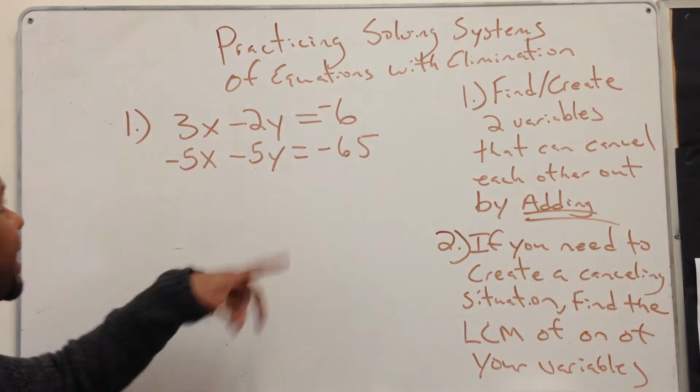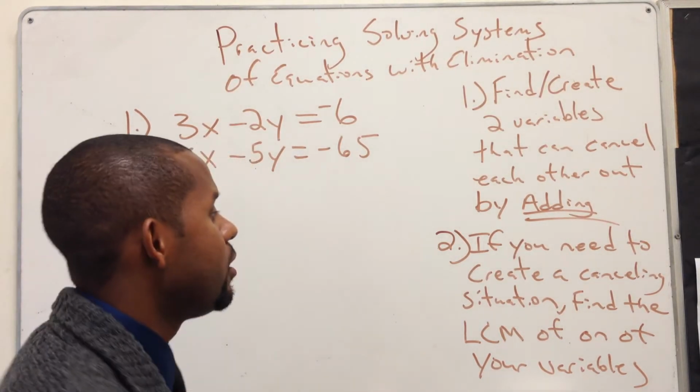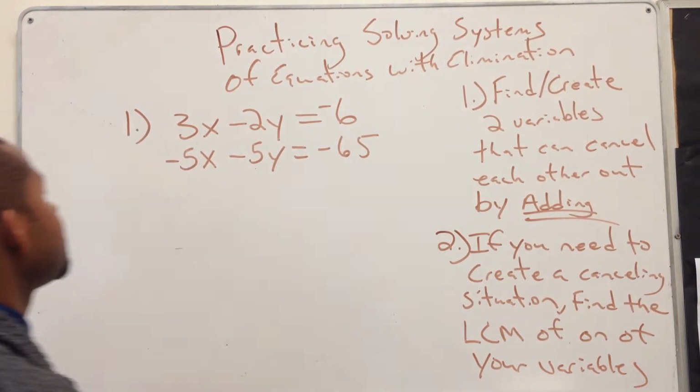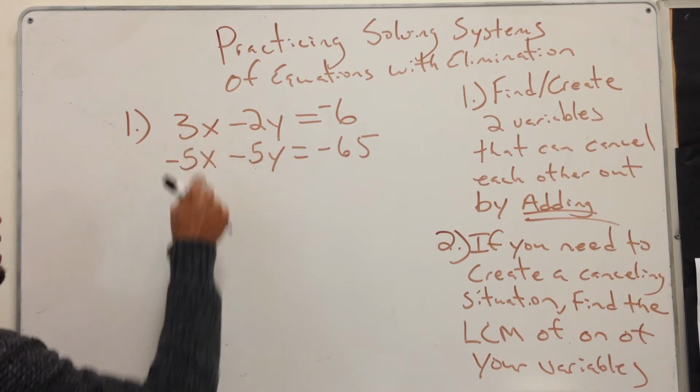Okay? So I could pick either variable. I could pick x or y, and I need to find the least common multiple of one of those variables. So I'm going to pick x. So I have 3 and negative 5.